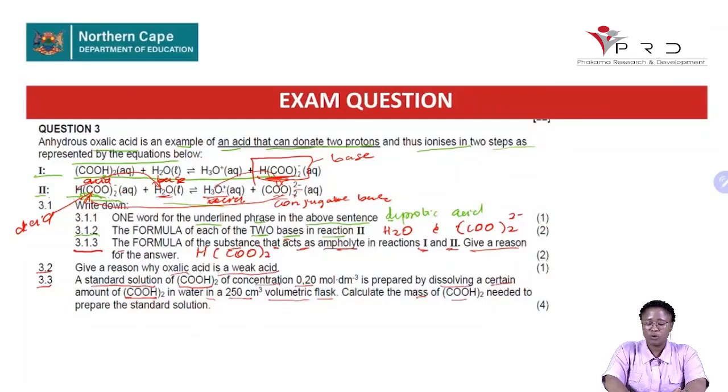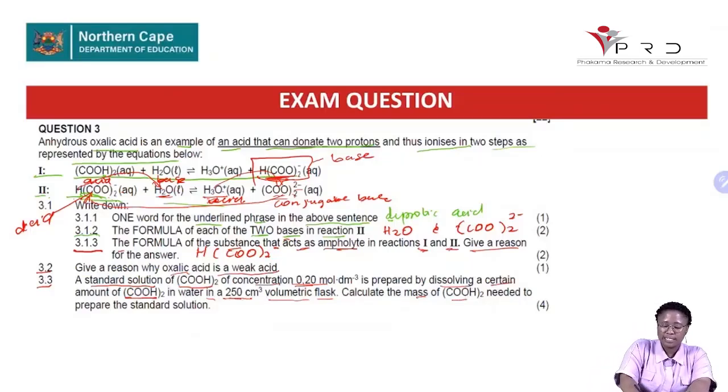Calculate the mass of (COOH)2 that is needed to prepare the standard solution. So we are actually looking for the mass of (COOH)2. What are we given? We are given the concentration and the volume. Do I need to use the titration formula in this activity? No, we don't use that formula. Why? Because we are not titrating yet.